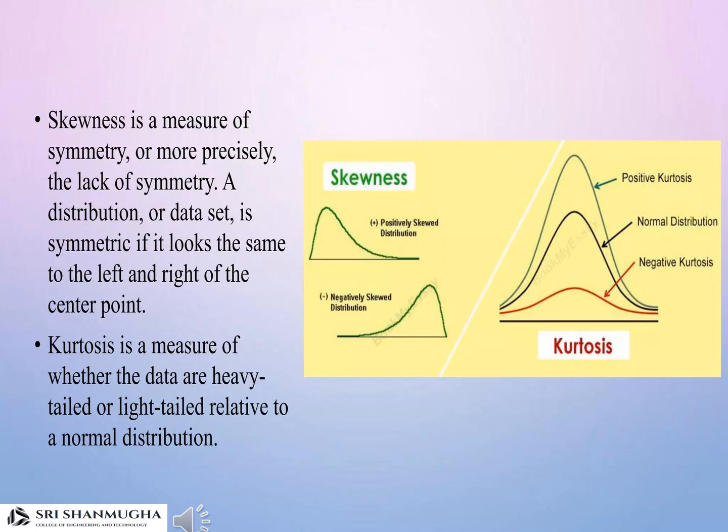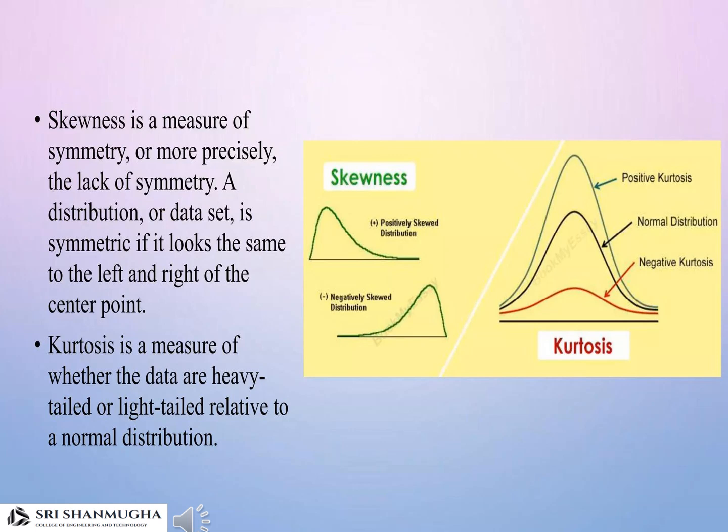Whenever we work with the data, we don't just care about its central value or its spread. We also care about the shape of the distribution, how the values are arranged. The two key characteristics of shapes are, the first one is skewness and the second one is kurtosis.